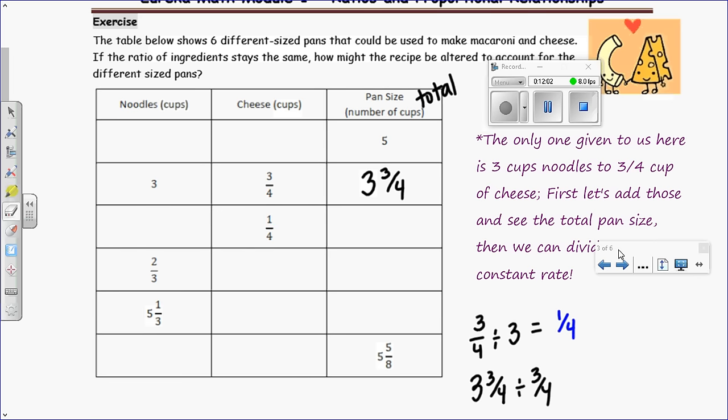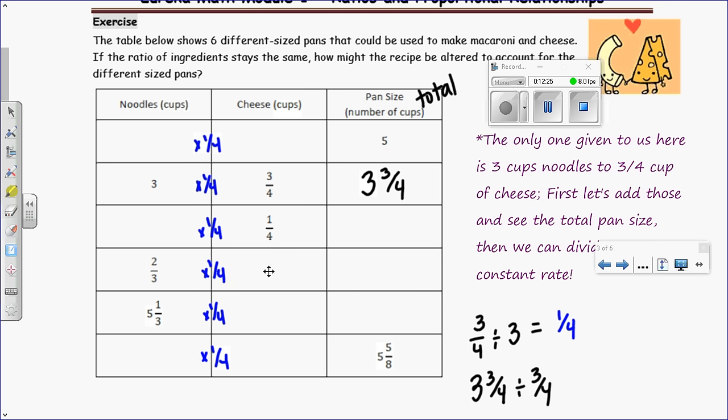So 1/4 of 3. See, this would be times 1/4, times 1/4, times 1/4. So we're just going to keep going down the line here. I think that might help for you to see that from the noodles to the cheese is times 1/4. Okay, go ahead and multiply these two times 1/4.